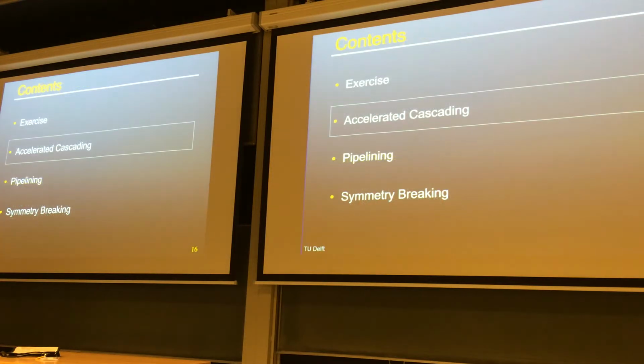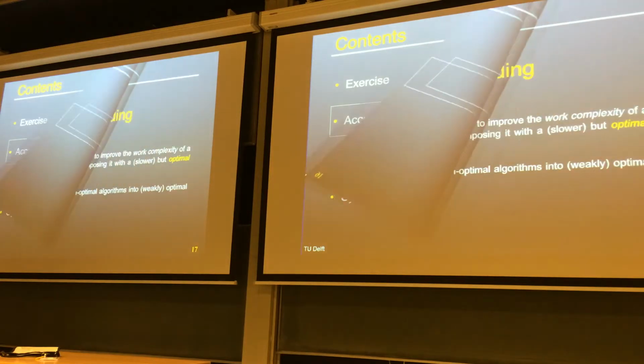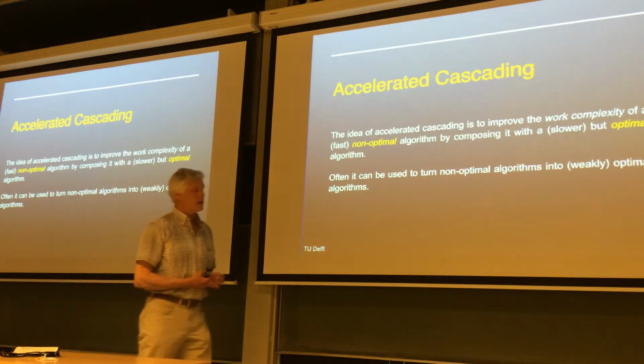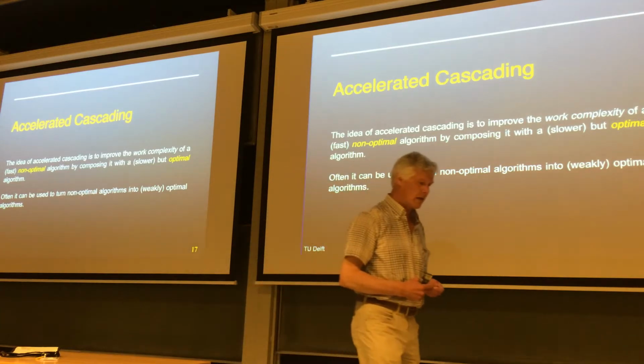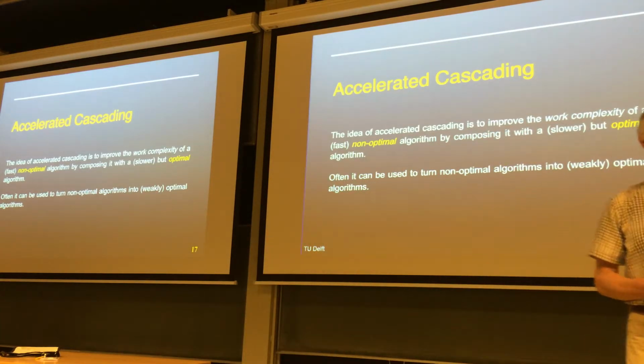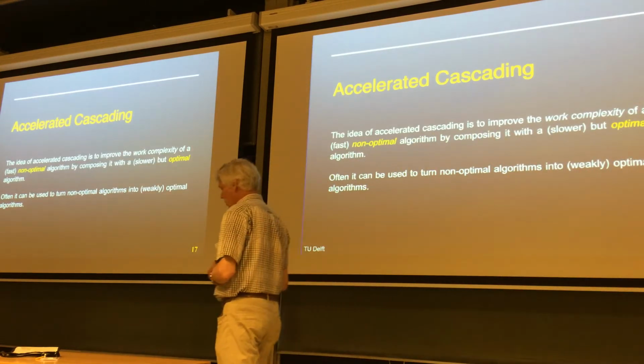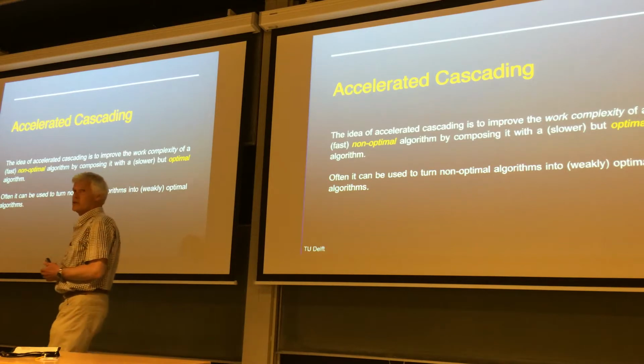So this ends our exercise, and now we have to come up with a new technique, accelerated cascading. Accelerated cascading has something of applying magic in parallel algorithms. Because what we have, in general, is two algorithms that each possess a certain advantage and a certain disadvantage.